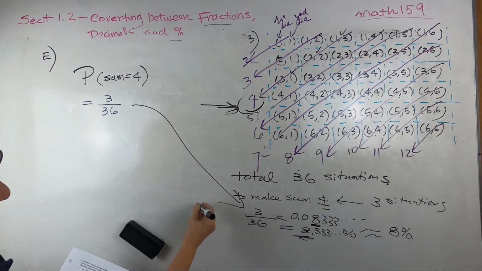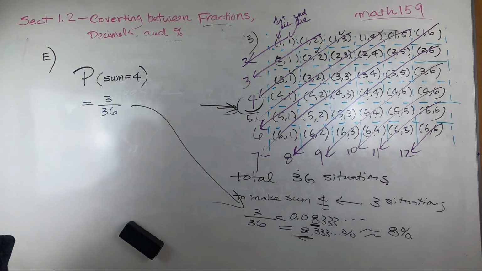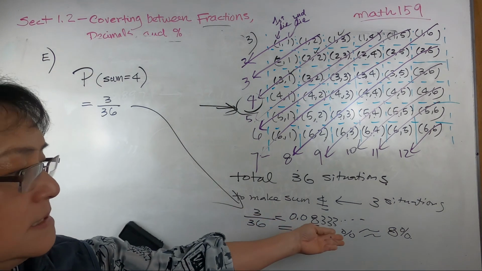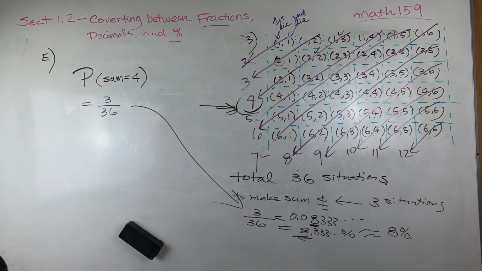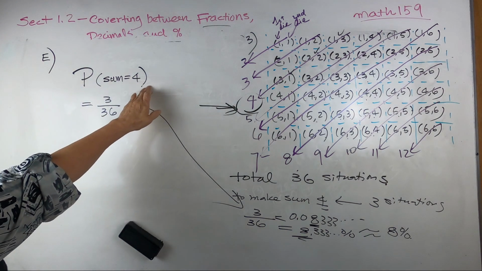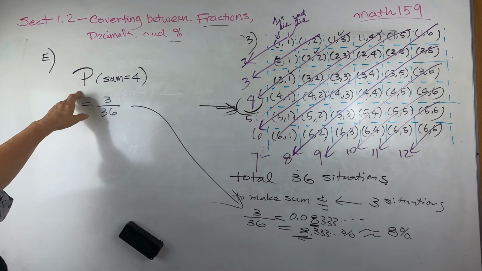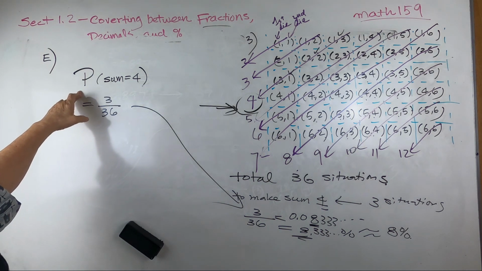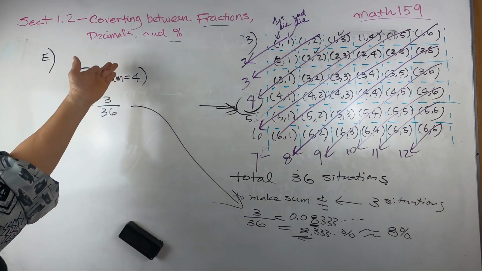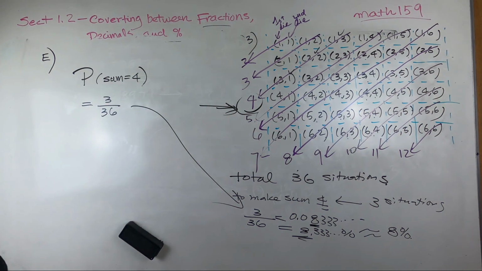Then you will get the answer as 8%. You can just write it like this to show your thinking, but formally, we learn the symbols for how to show probabilities. Probability is P, then the event, the situation, goes in the parentheses. Okay? Are we good?